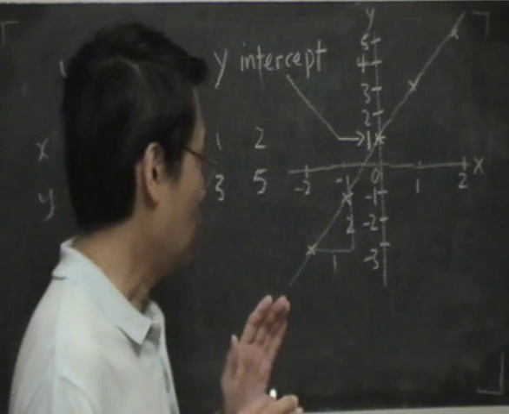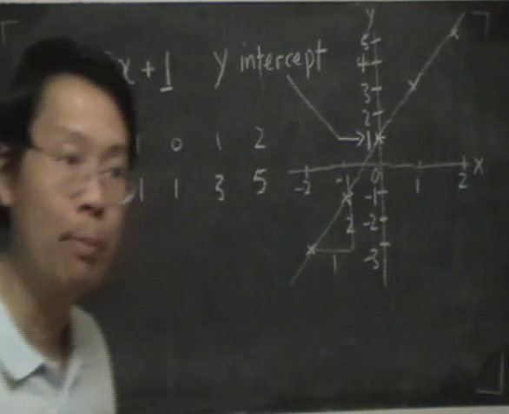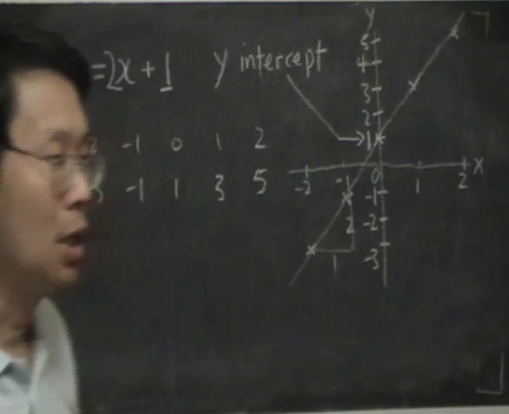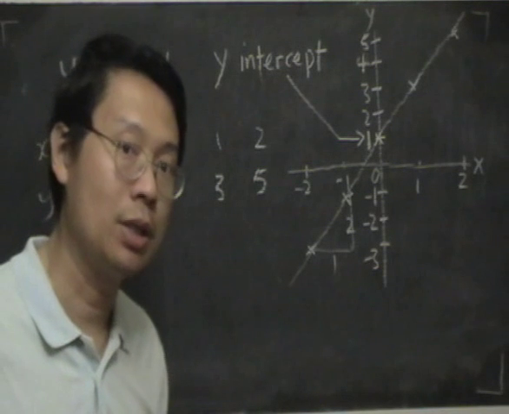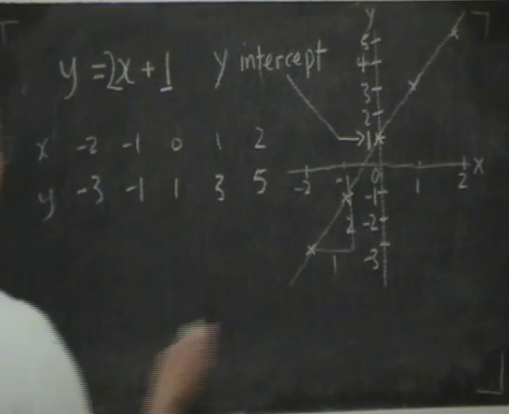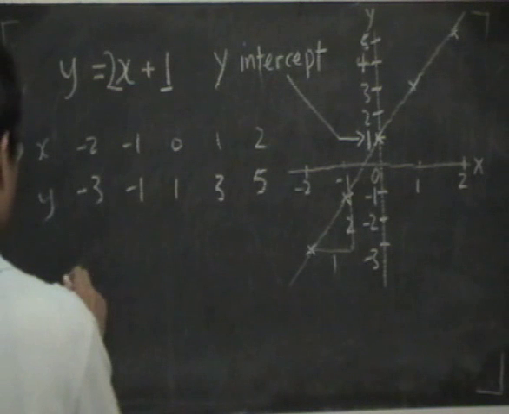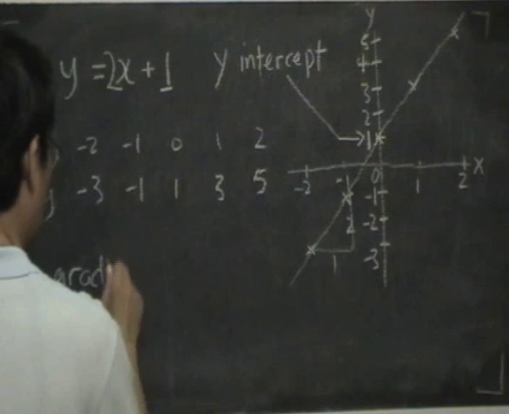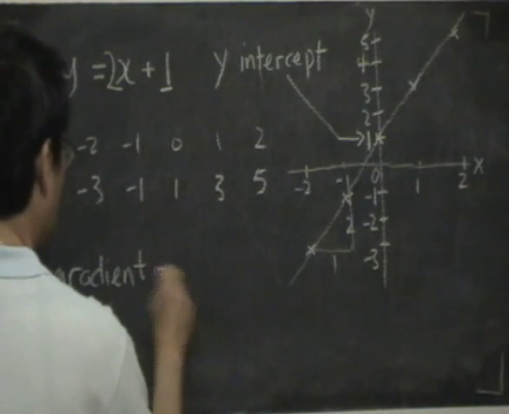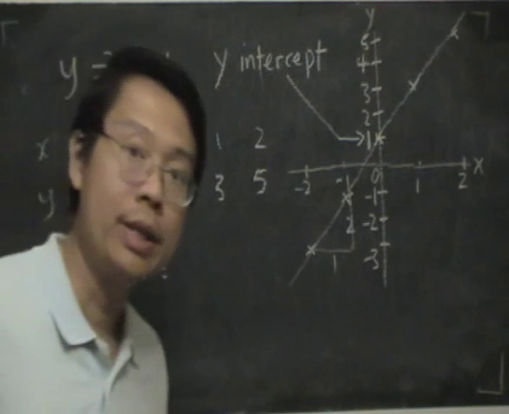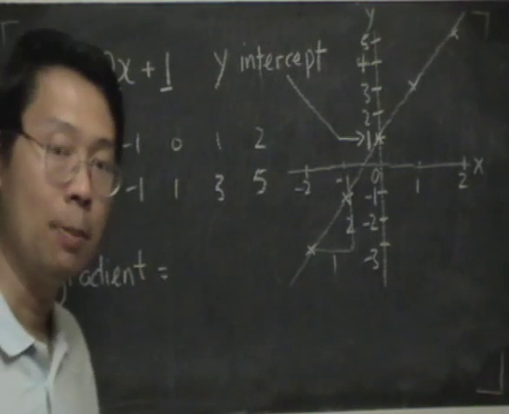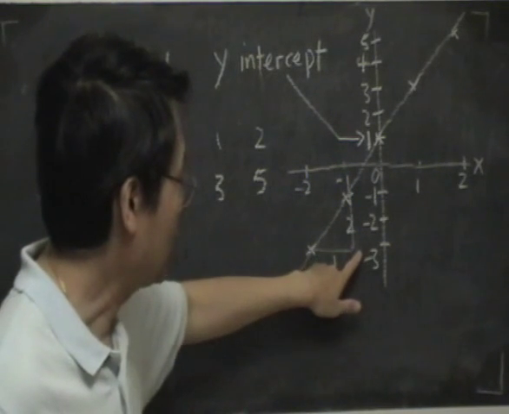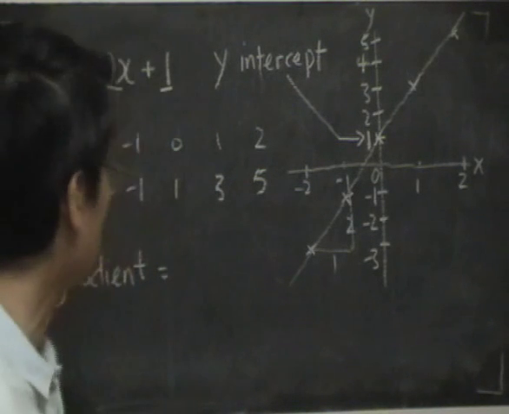Now, there is a way to measure the slope, to measure how steep the slope is. It is a number called gradient. Now, if I have a slope like that, this number, the gradient, is calculated by taking the vertical distance of the slope and dividing by the horizontal distance.